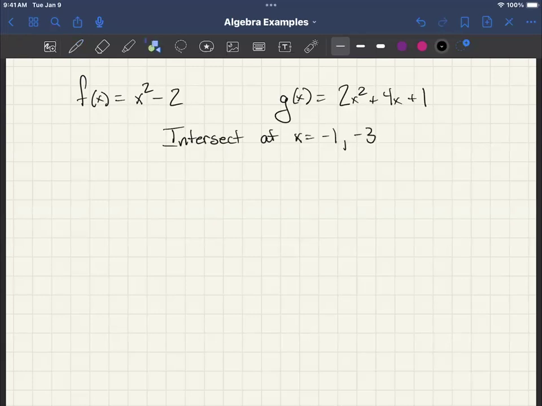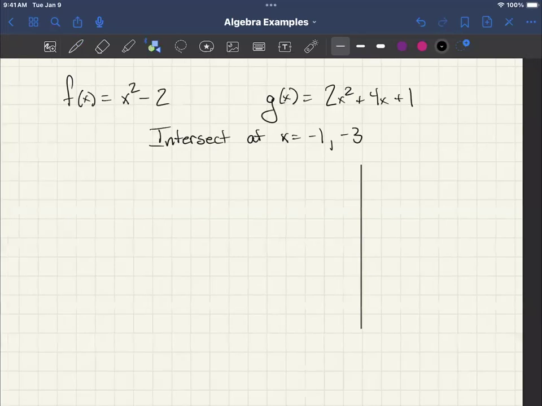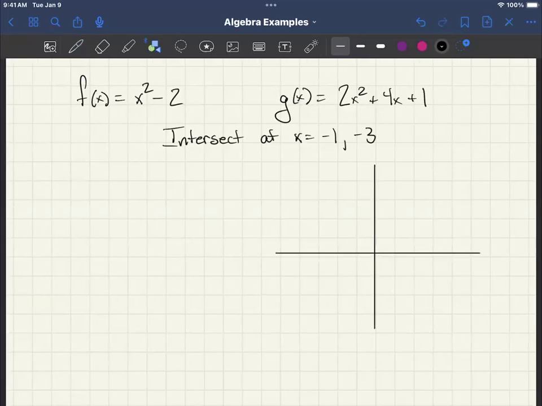So let's put a little something down because we know we have to draw this at some point. X, Y. We know that we're going to need at least up to negative 3, negative 2, negative 1 on our x-axis. So somewhere in there is where these graphs intersect.